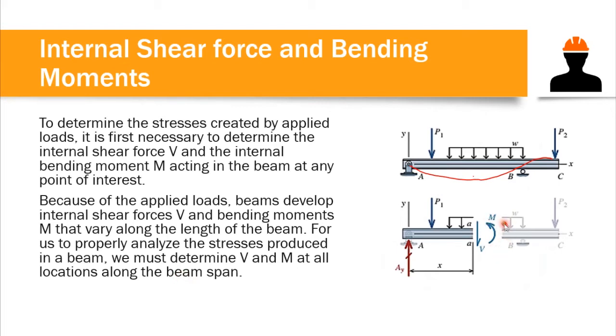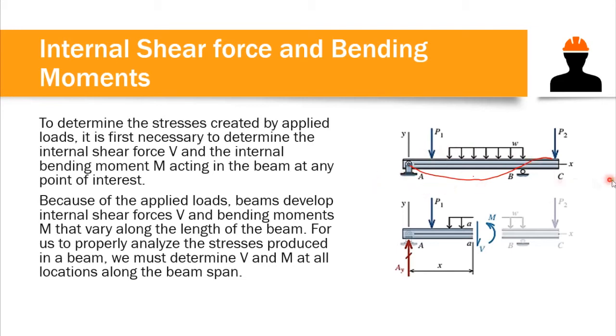Our shear and moment vary along the length of the beam. Therefore, we have a different value of shear and moment at this point from the shear and moment at that point. So we have different shear and moment in every portion of our beam.